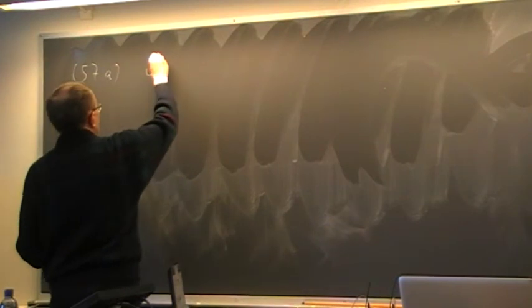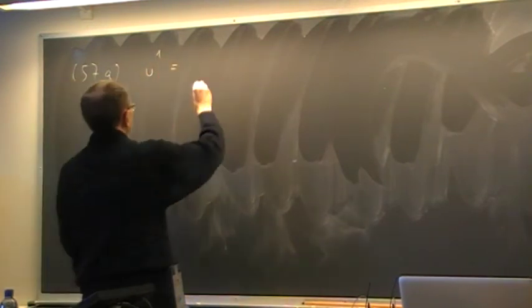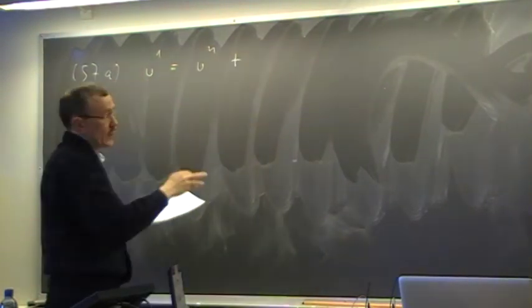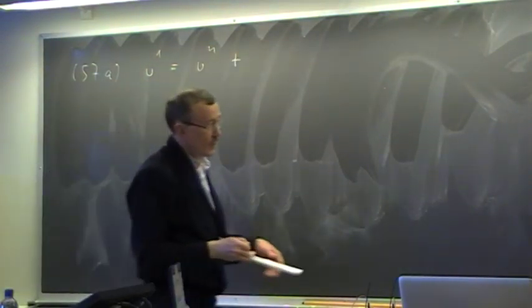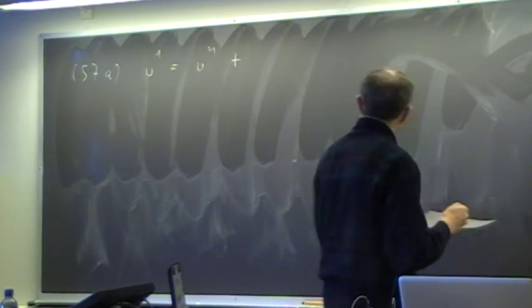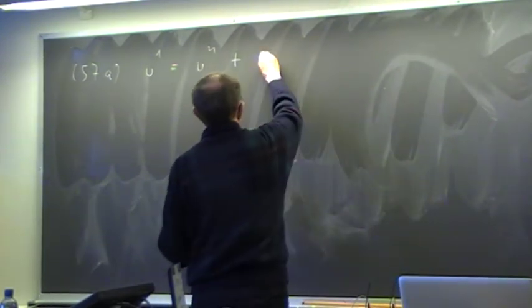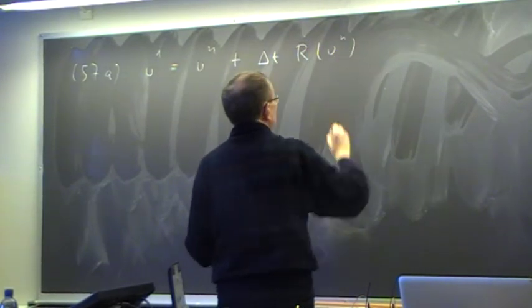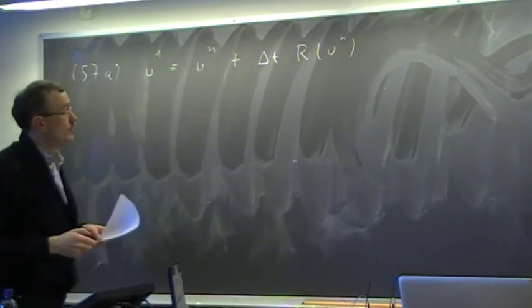First stage, u1, we get by the value at the old time level. That is now our vector u at the old time level. And then we add delta t times the residual evaluated with u at the old time level.